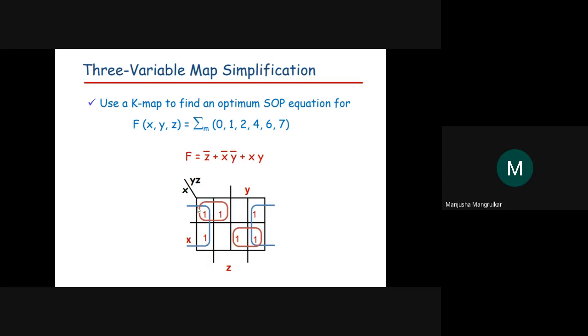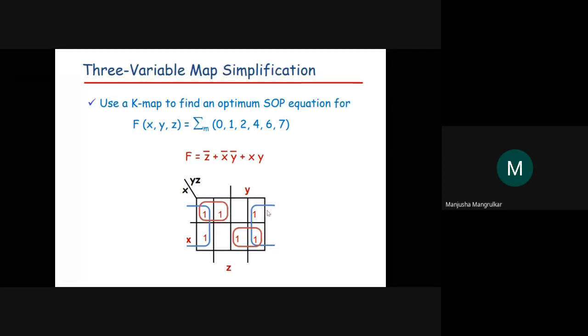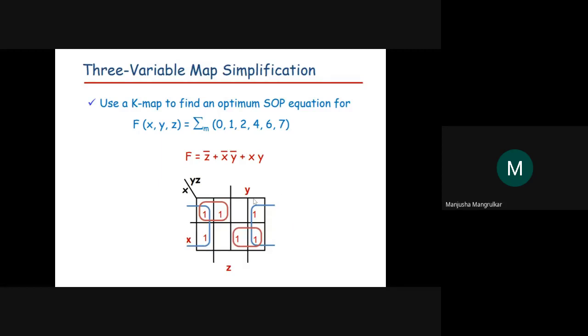We have to see the maximum grouping we can do: maximum 4, maximum 2, maximum 8, how many ones we can group. These two are individually left, so we'll do the grouping for the two. How many maximum groupings can we do there?